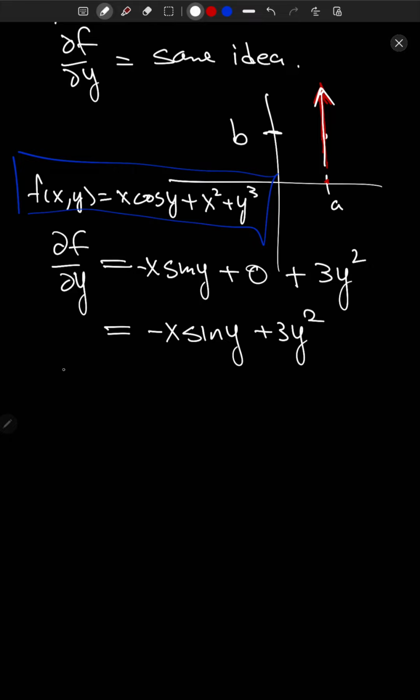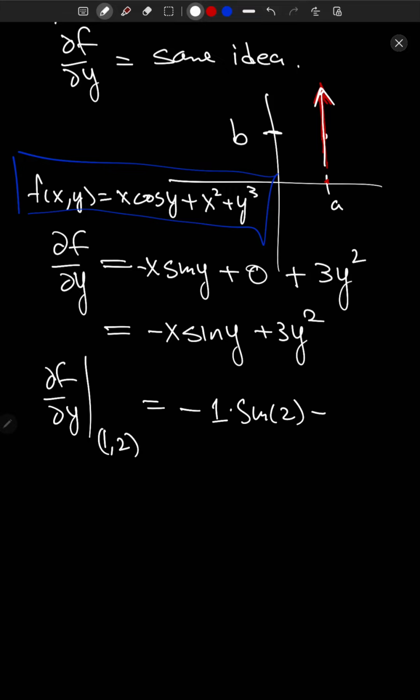And so df dy at the same point 1 comma 2 would be equal to minus 1 times sine of 2 plus 3 times 2 squared, and that would be minus sine of 2 plus 12.